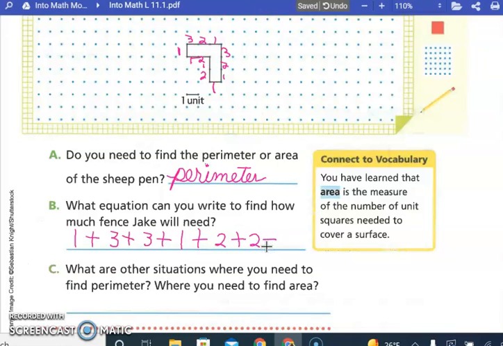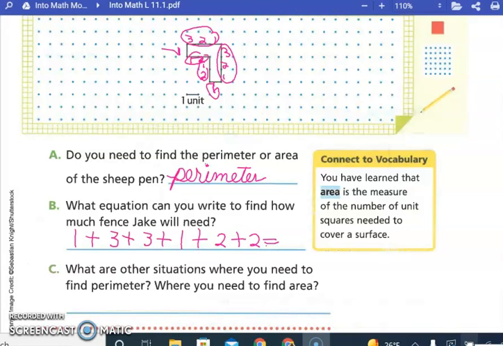Okay, so we have this one, we have 3, we have 3, we have 1, and we have these 2 and these 2. Equals. I don't understand this.